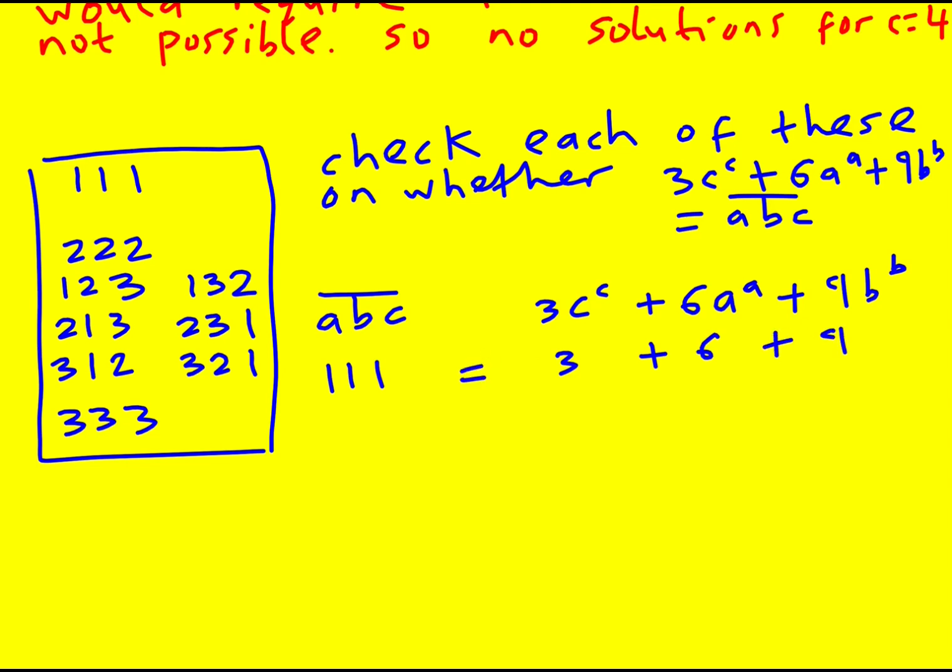And they're clearly not going to be equal, so I can cross that one off. Let's do now 2, 2, 2. So it's going to be 3 times 4 plus 6 times 4 plus 9 times 4. That's not greater than 100. It's definitely not going to equal 222.